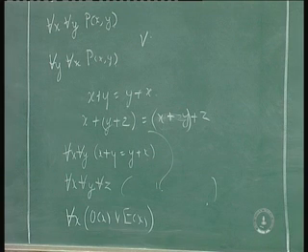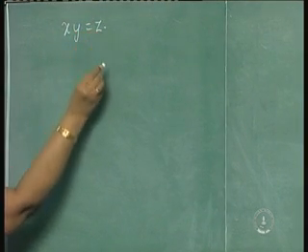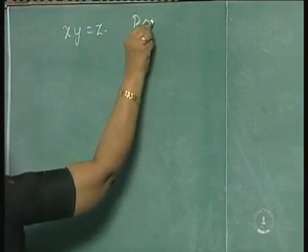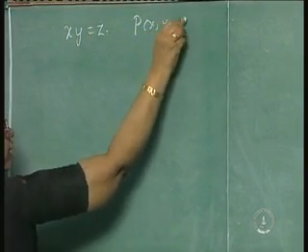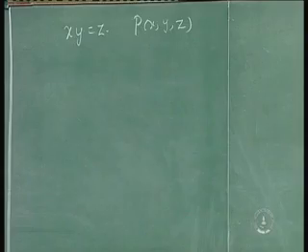Now, let us consider some more things. Consider xy is equal to z, denoted by P of x, y, z. When you bind a variable, it is very important to specify the scope.